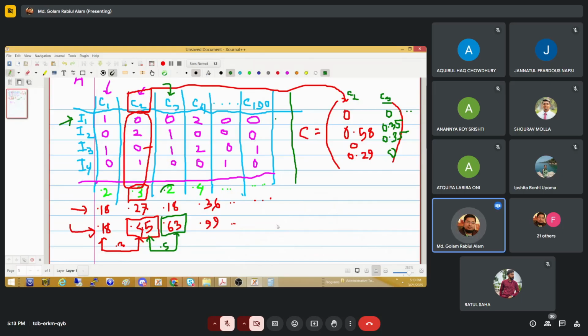the Frobenius norm. In that case, it will be 1 square plus 0 square plus again 0 square plus 2 square plus 0 square. Maybe lots of zeros are there.